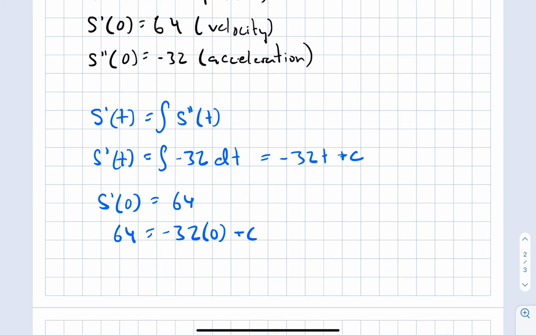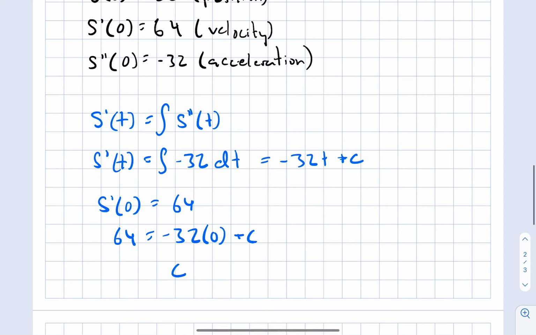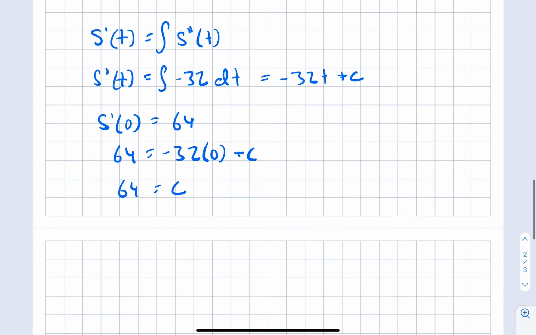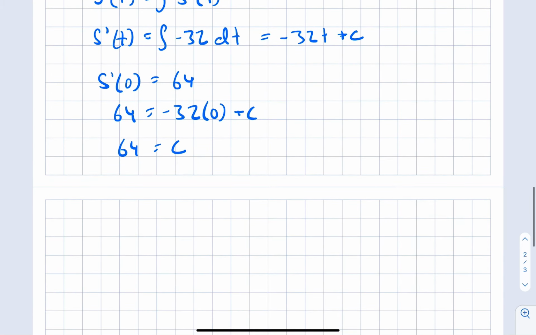And again, that's because when t is 0, our initial velocity was 64. Well, then that tells us, mathematically speaking, that c is going to equal 64. So as far as the velocity function goes, if we plug that back in, s prime of t is going to be negative 32t plus 64. All right, that is our velocity function.